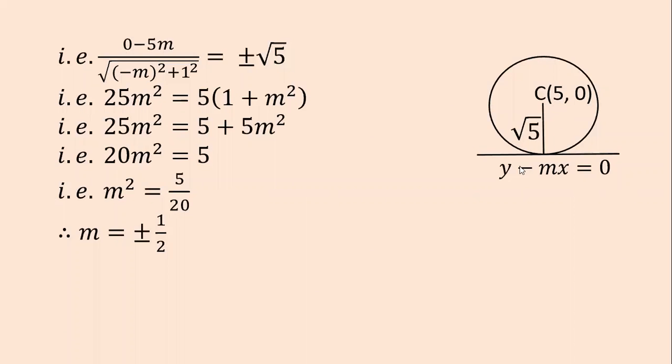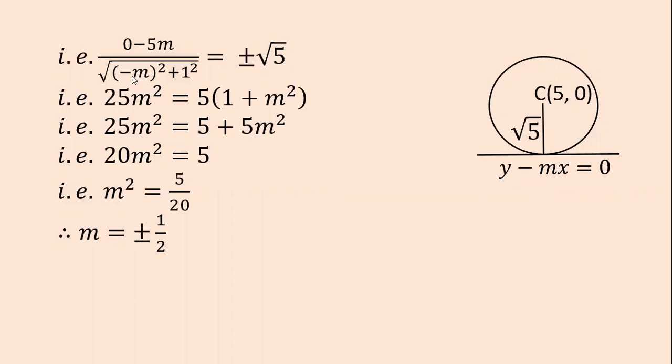Distance from (5, 0) to this straight line is 5 minus 5m, then 0, divided by square root of the coefficient of x square plus the coefficient of y square.